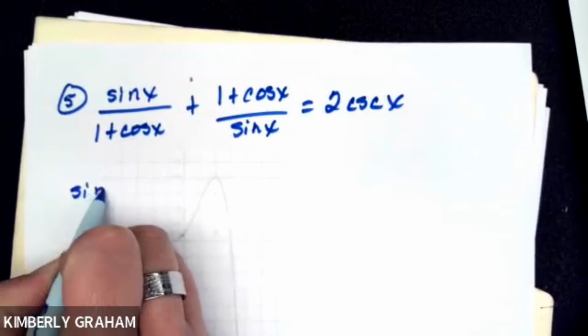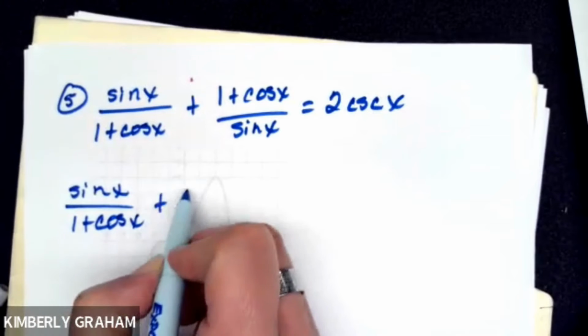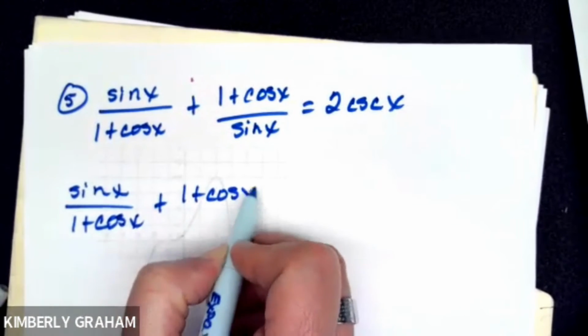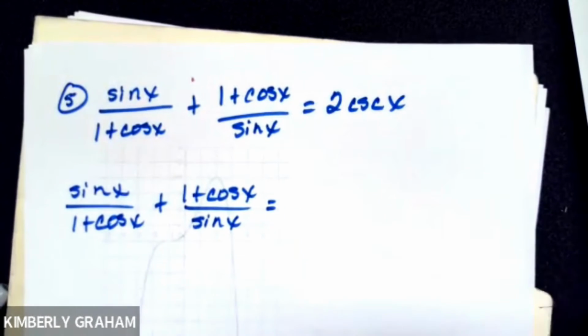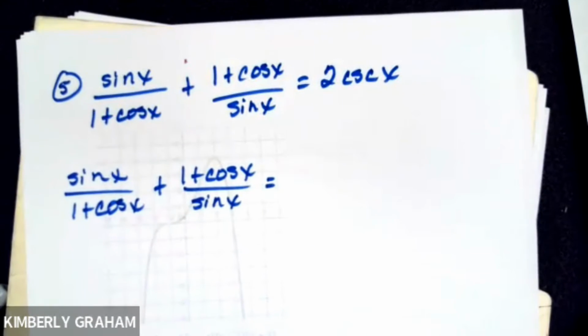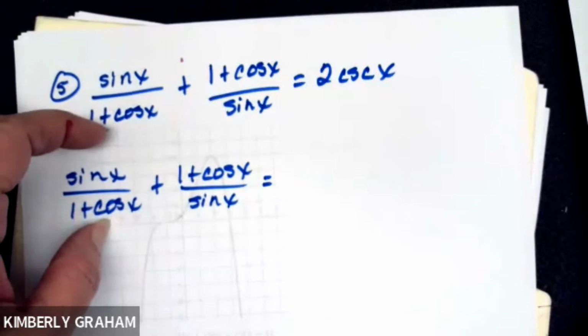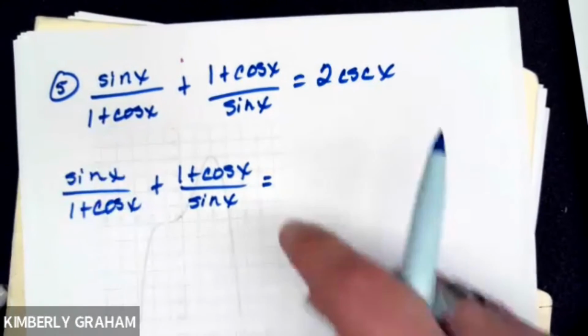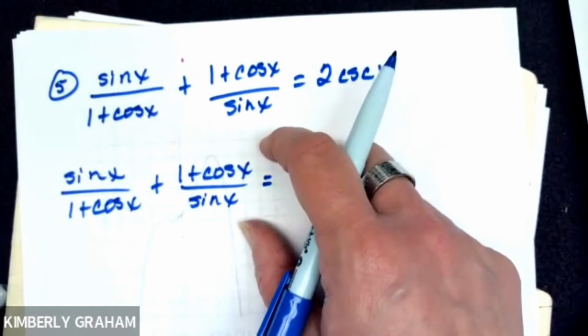Right, so I've got sine x over 1 plus cosine x as my first term, and this is my second term. Now, in order to get a common denominator, I'm going to need to multiply the numerator and denominator of the first fraction by sine. For the second fraction, I'm going to multiply the numerator and denominator by 1 plus cosine.